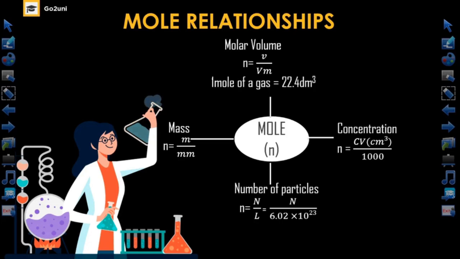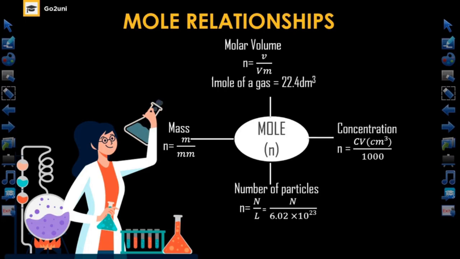So looking at what we have displayed on the screen, mole is related to volume by the formula n equals V over Vm. That is to say, n is equal to volume over molar volume. It is also good to recall that 1 mole of any gas at STP occupies a volume of 22.4 dm cubed.